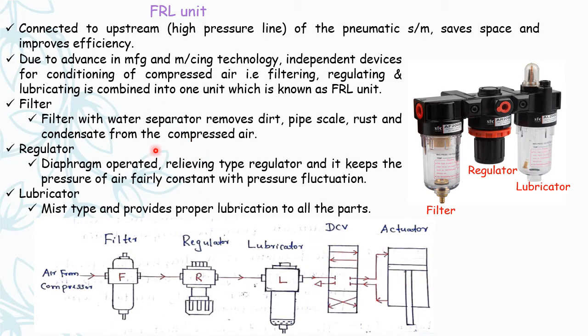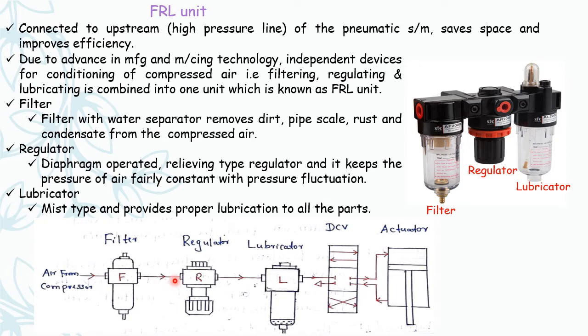So this FRL unit is connected to the upstream high pressure line of the pneumatic system, saves space and improves efficiency. So just after the storage reservoir, your FRL unit is present, which is nothing but your high pressure line.